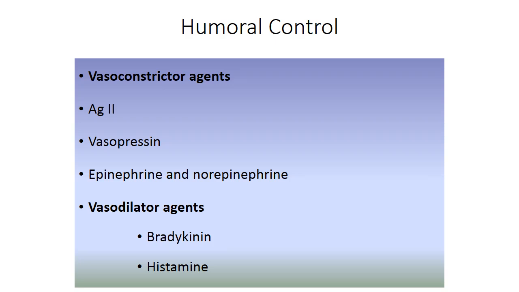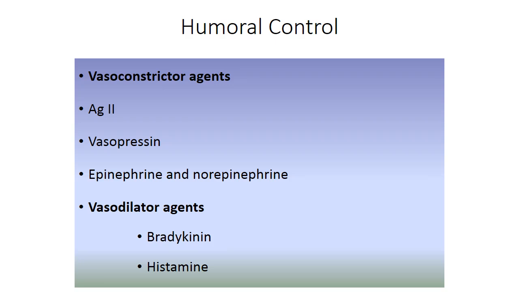And this kallidin can then convert to bradykinin. Bradykinin can dilate vessels and also increase permeability of capillaries. So kinins have an important role in plasma and interstitial fluid exchange, and in permeability.